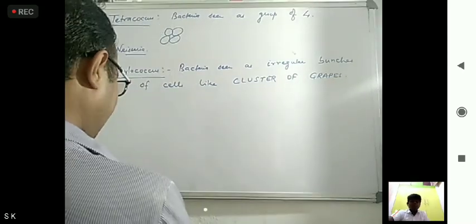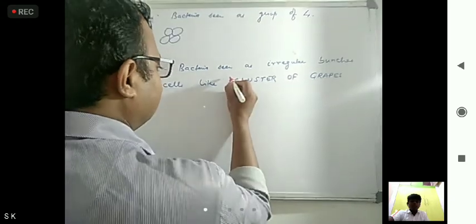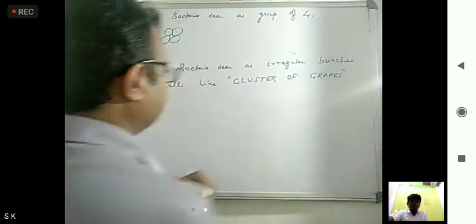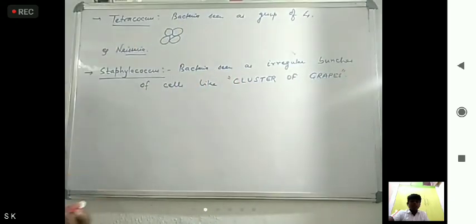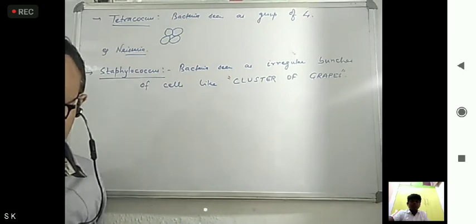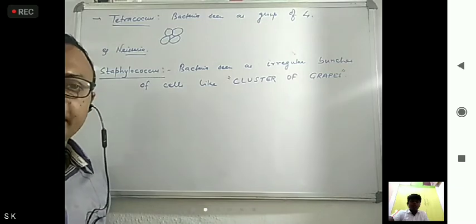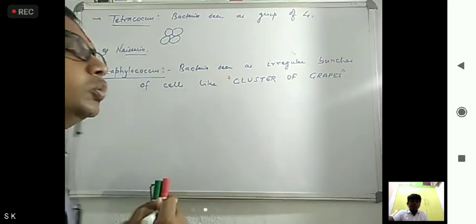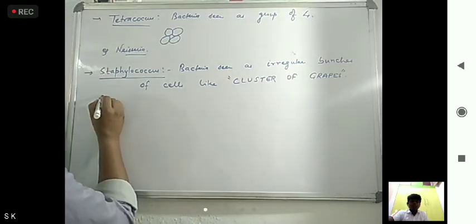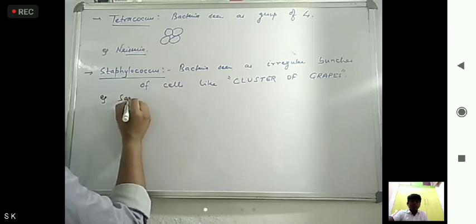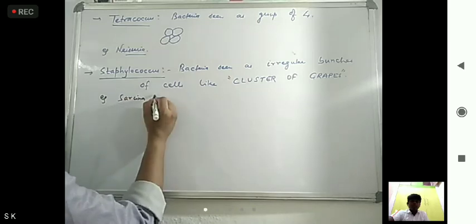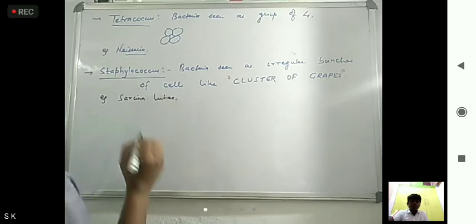Okay, I have seen this as a question: which is looking like a cluster of grapes? That is known as Staphylococcus. And the example is Sarcina lutea.